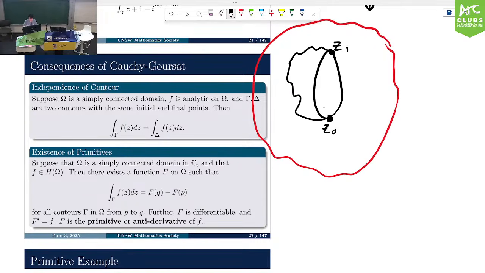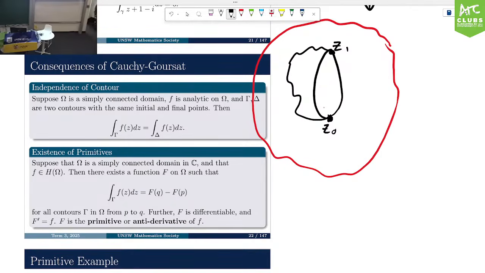For example, I've drawn 3 paths here from z0 to z1. As long as the function is analytic inside this contour we have drawn, then the answer is independent of the path we choose. So we can choose any path that allows us to integrate it more conveniently.